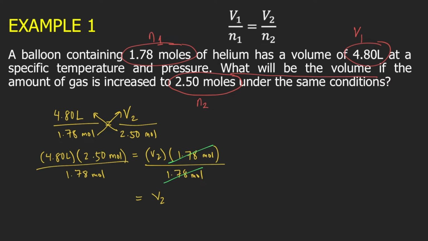And on the left side, moles will cancel, and what is left is liters. If you solve this in your calculator, 4.80 times 2.50 divided by 1.78, the answer is 6.74, and the unit is liters. So this is the answer to the question.